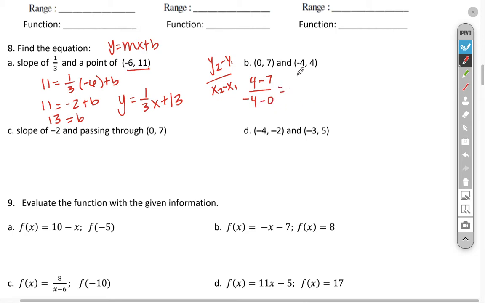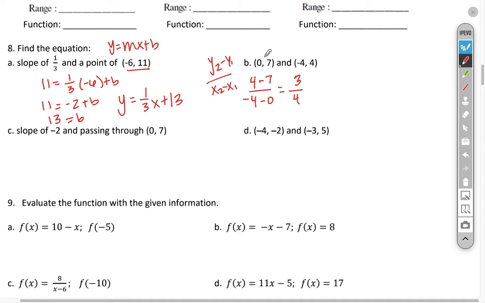When you plug this into your calculator, or if you work it out in your head, you're going to get 3/4. 4 minus 7 is negative 3. Negative 4 minus 0 is negative 4. These were both going to be negative, so you'd leave a negative 3 over a negative 4. A negative over negative is going to give us a positive. So now we can plug this in.